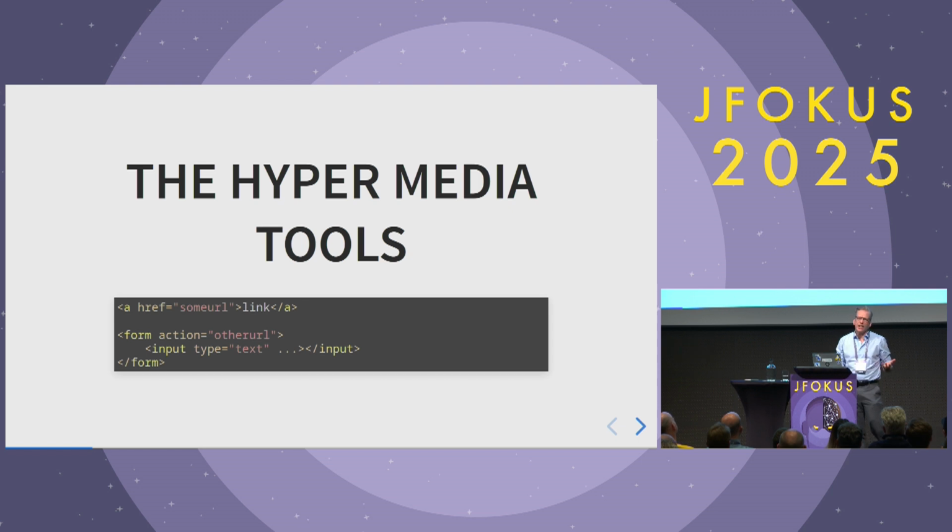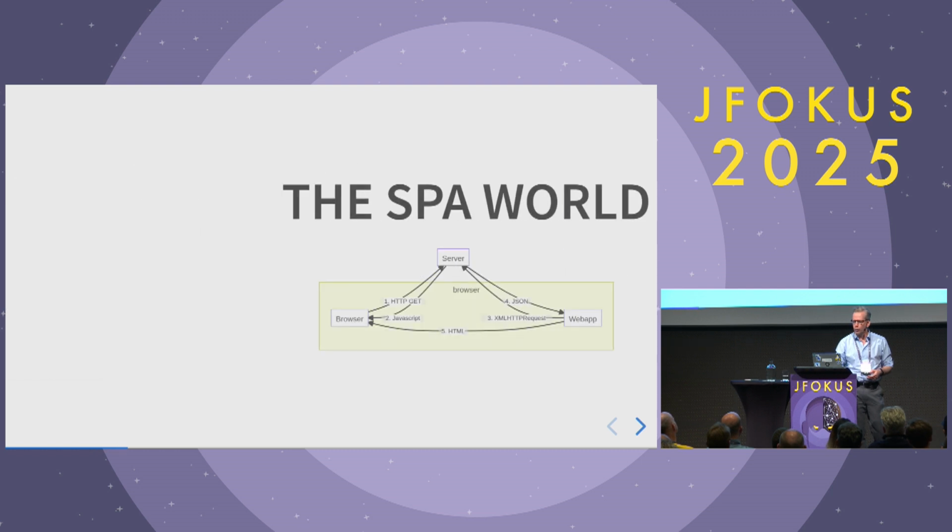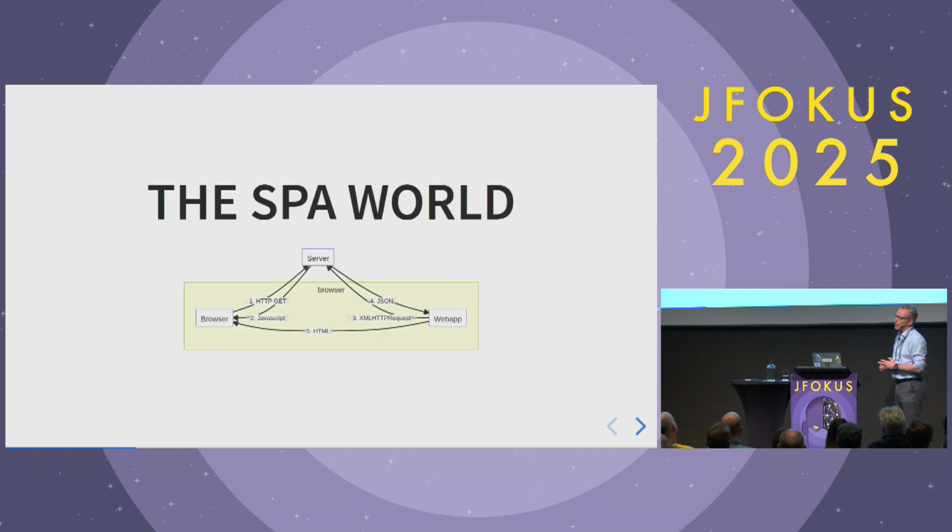Then 10 years ago or something, things started changing, and we're now living in the single-page application world, where we start out by doing a GET to the server, and we get a bunch of JavaScript back. That JavaScript starts doing a lot and normally sends an XML HTTP request to the server.